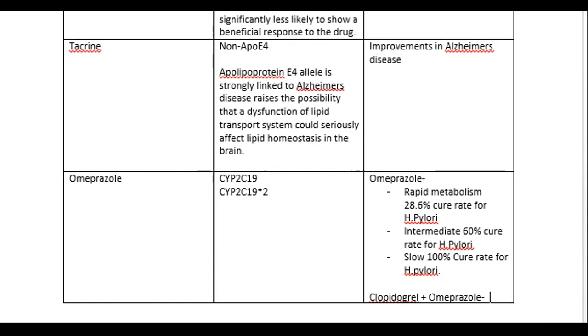A competitive drug-drug interaction is seen, like omeprazole is being metabolized first.